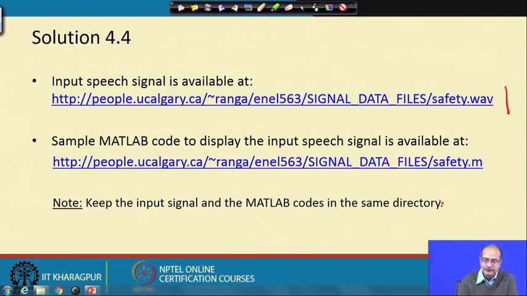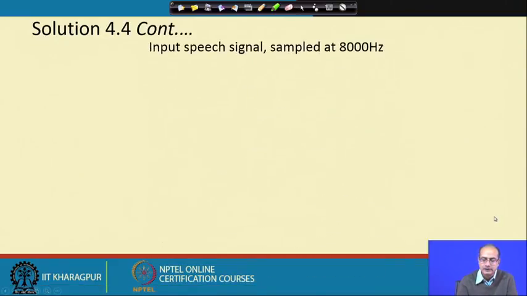data, safety.wav, that we download. Next we take safety.m to read the signal, and we keep the input data as well as the MATLAB code in the same working directory of MATLAB, and let us proceed with the work. The first thing is to load the signal.